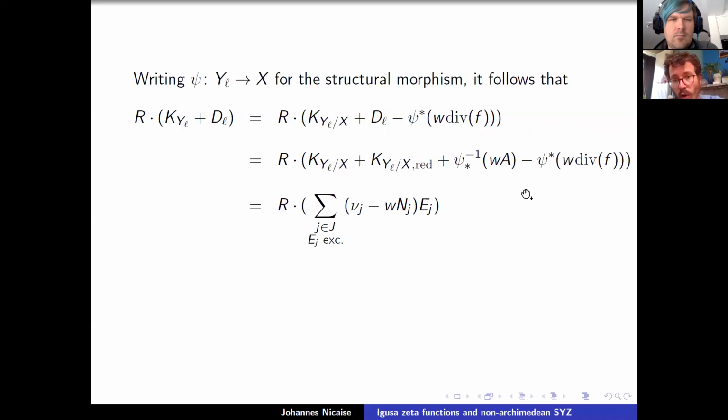And then for all components that appear in the resolution, we can compute their multiplicity in this expression. So the first 2 terms, each component E_i will appear here with multiplicity equal to nu_i minus 1 in this term and 1 in this term. So for the exceptional components, we get multiplicity nu_i.